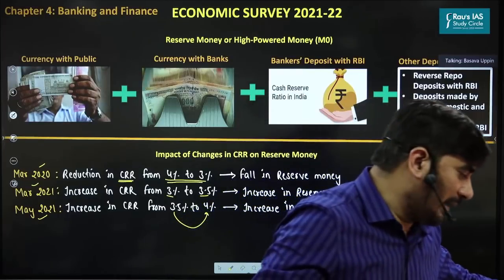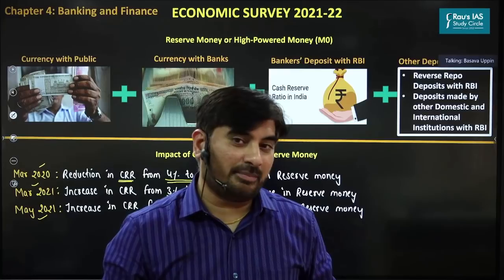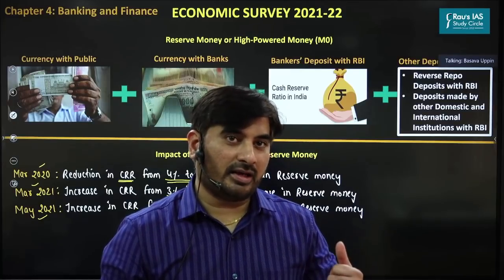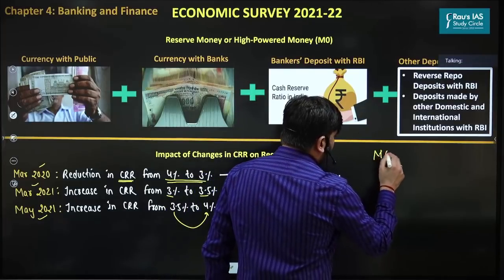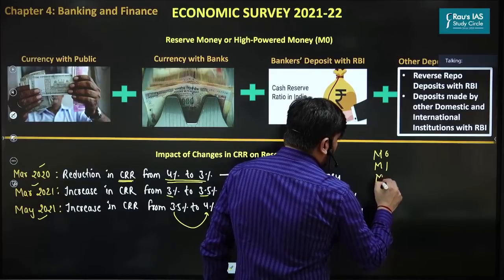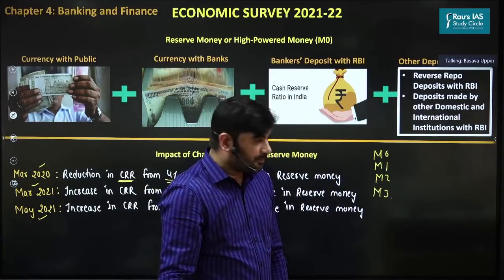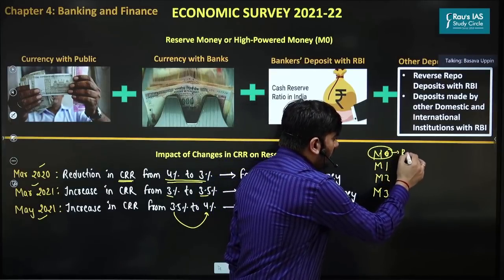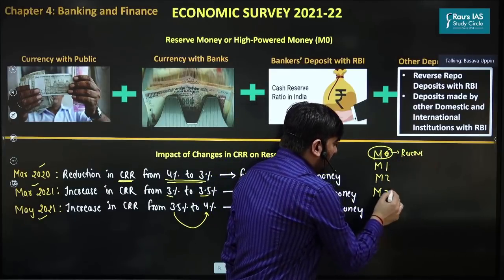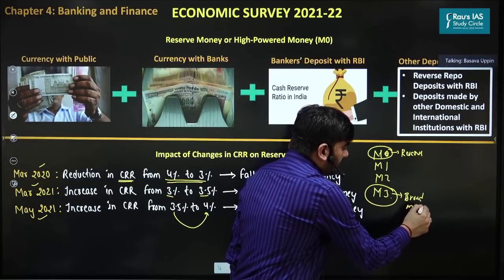I'm pretty sure that most of you must have studied about aggregates of money supply, such as M0, M1, M2, M3, and so on. M0 is referred to as the reserve money, and M3 is referred to as the broad money.